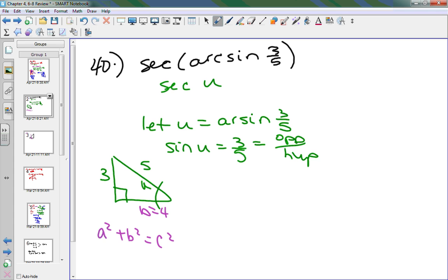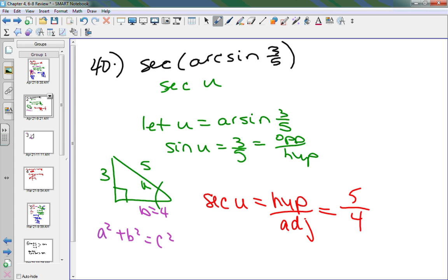It's going to be 4, just because it's a 3, 4, 5 triangle, which means now I need to find the secant of u. So here's u. Secant is going to be hypotenuse over adjacent. The hypotenuse is 5. The adjacent is 4. How many people got 5/4?